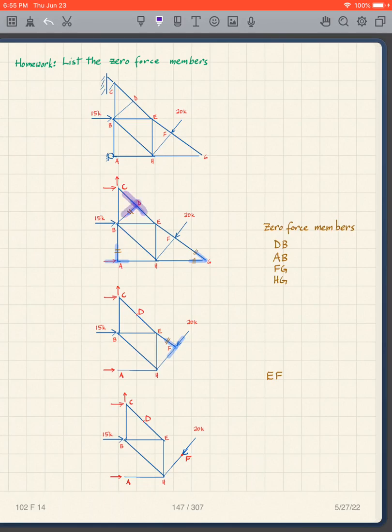And notice we've put on the reaction here. That reaction is horizontal, which means that this is a T. I've got to take into account that reaction there.